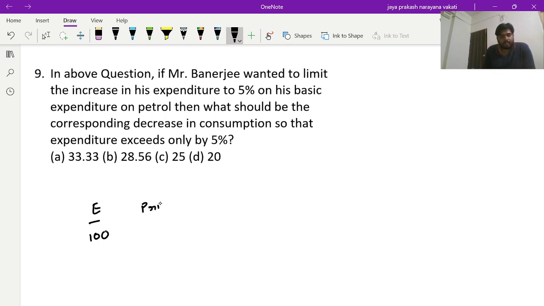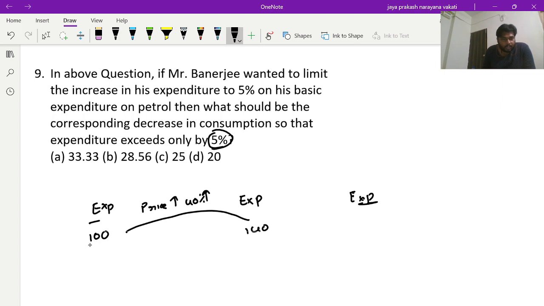Price increased by 40%, so your expenditure would be 140. But you don't want to spend 140, you want to spend an increase of 5%, which means out of 100 you are increasing 5%. So you want to spend 105 rupees. Because of the price increase, it became 140, but you want to spend only 105.